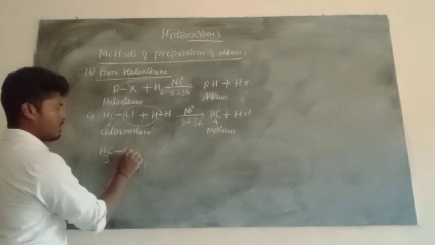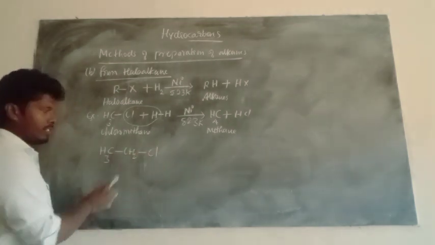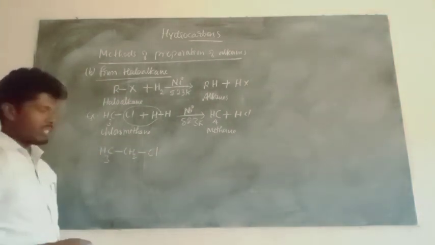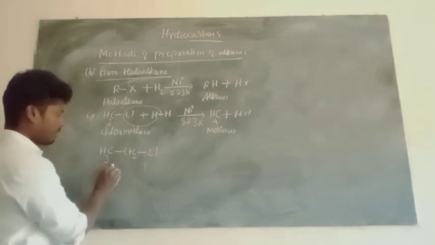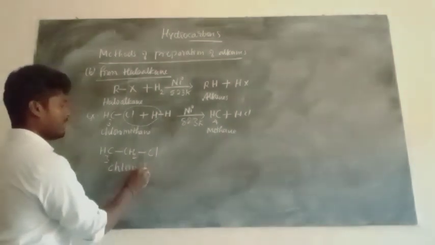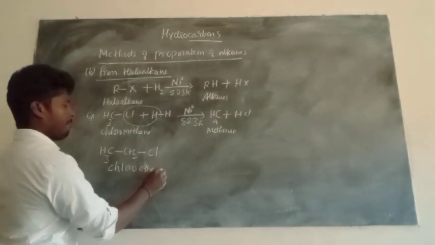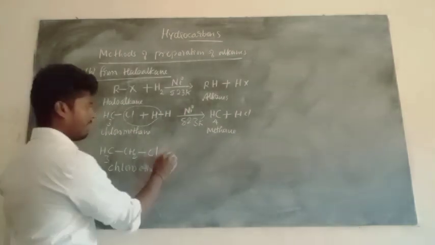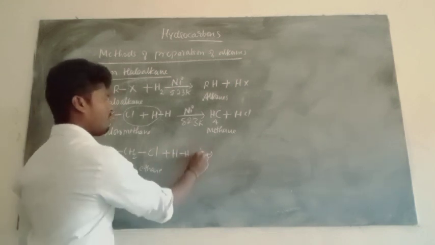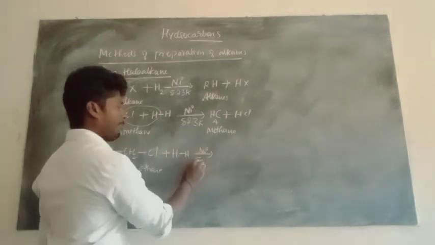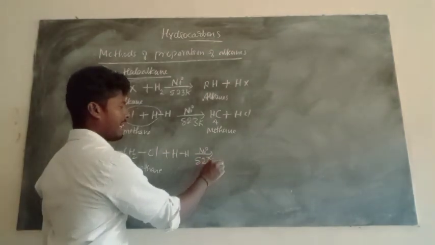Similarly, take one more example. CH3, then CH2, and Cl. We are just increasing one carbon. What is its name? Two carbons, so chloroethane. Now it is treated with hydrogen, which you can write H2, with nickel as catalyst, and we maintain the temperature at 273 Kelvin.